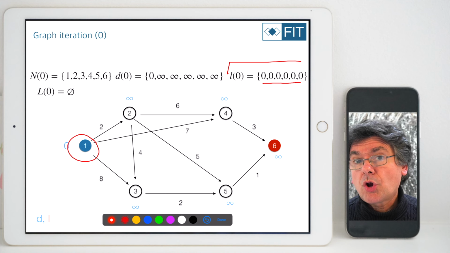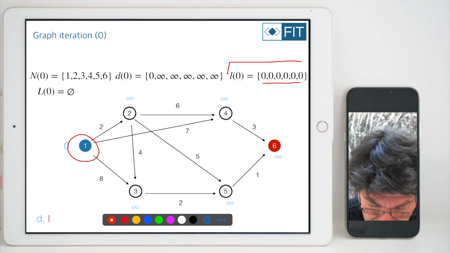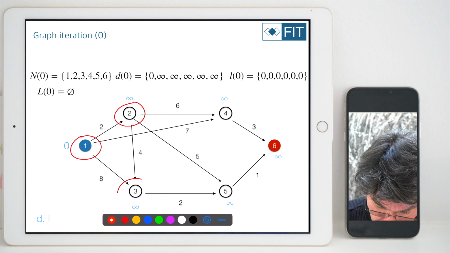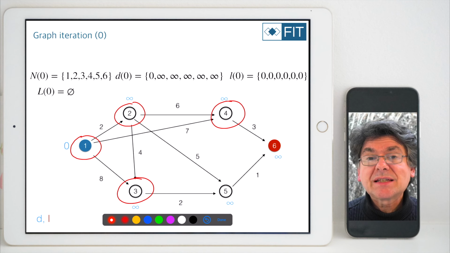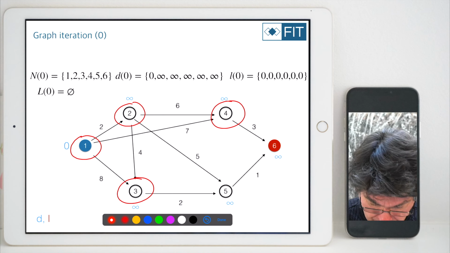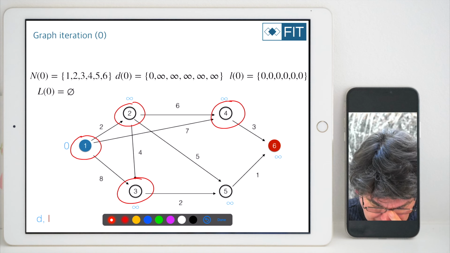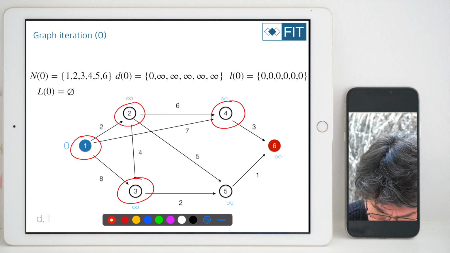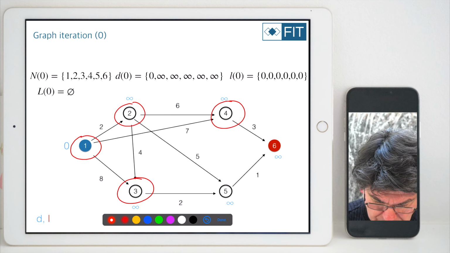Toronto, or node 1, has distance 0 to itself, and we grow this iteration process through next door neighbors. The next door neighbors to Toronto, node 1, are nodes 2, 3, and 4, because these are the nodes we can move to directly from node 1. And we can see that of all of these nodes, the distance from Toronto for node 2 is 2. For node 3, the distance is 8.